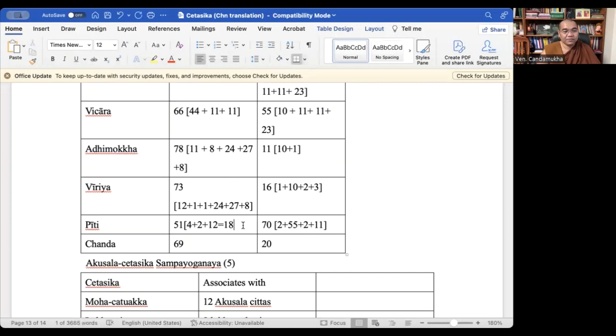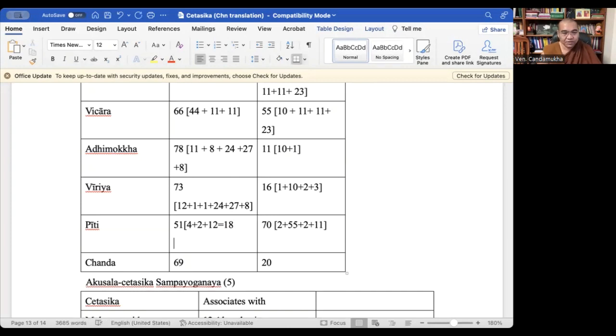And then you can continue. First jhana 11 is associated with somanasa: vitakka, vicara, piti, sukha, ekaggata. Sukha is there, and that sukha refers to somanasa vedana.